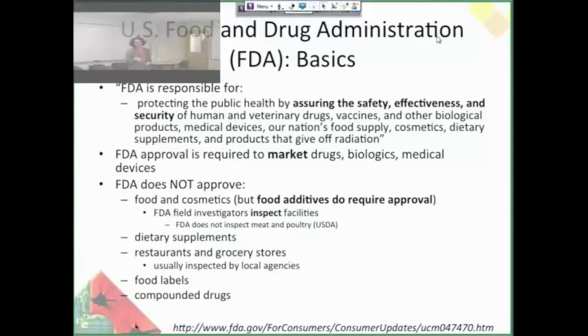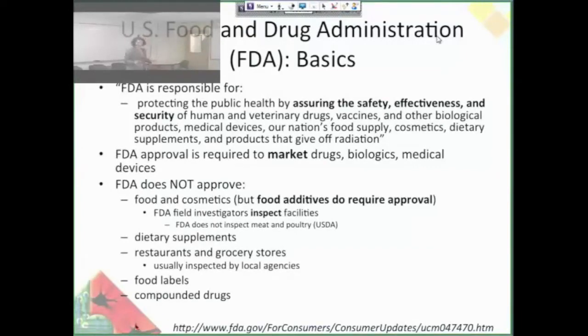And then if you click on what does it not approve, it says we do not approve food and cosmetics. So that can be confusing. But it turns out that what you do have to get approved is a food additive. That requires approval. And also FDA field investigators will go out and inspect food manufacturers and companies, but they don't certify the manufacturers and they don't approve anything that they manufacture.